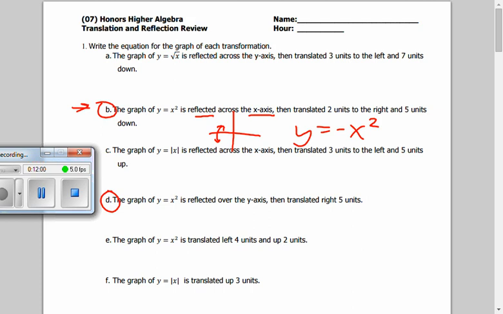So many people have asked me in the past, it seems like such a silly question, but they say, is that on the inside? The only way it would be on the inside is if there's a parentheses that makes it be on the inside. You can't be on the inside unless there's some kind of grouping symbol, like a parenthesis or a square root, and you're in there. If there's no parentheses, you can't be on the inside.